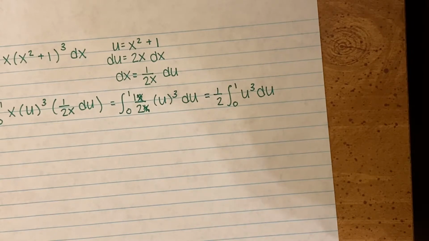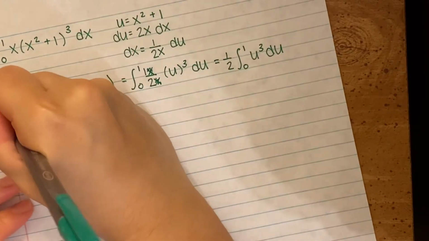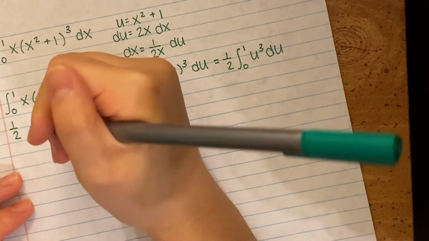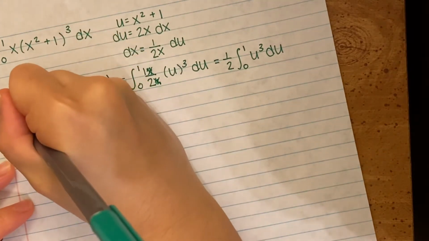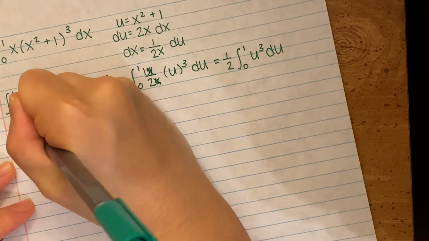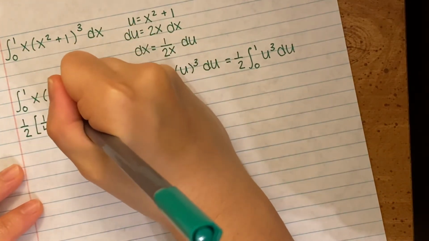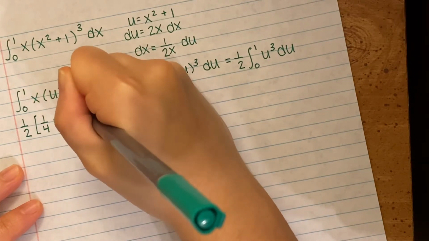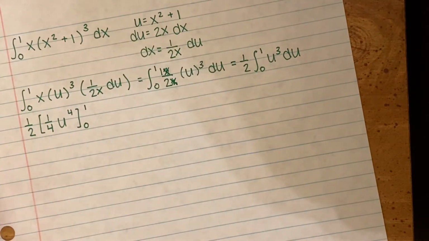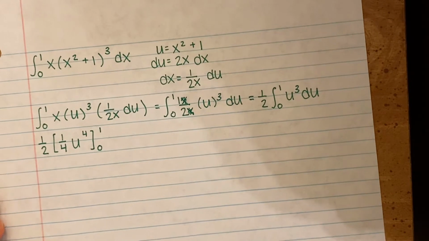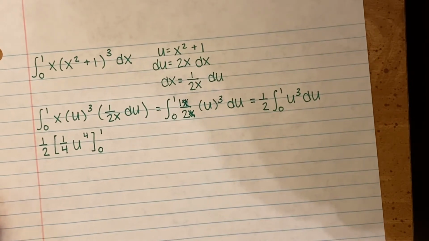And that's going to be 1/2 times 1/4 u to the 4th power from 0 to 1. And I just use my integration power rule to find what that is.